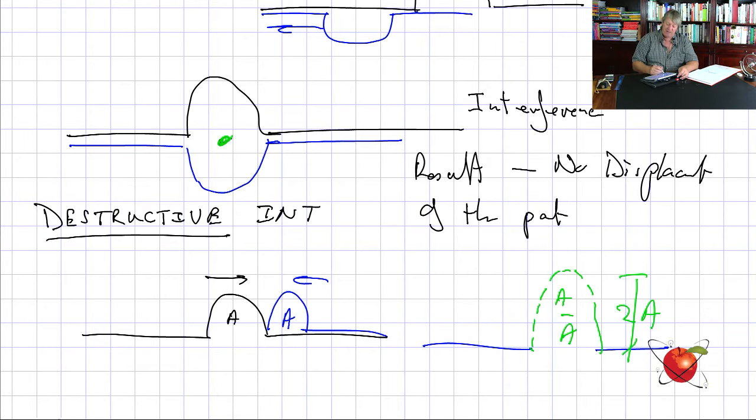So the one wave builds on the other. It builds on the other wave, right? And guess what we call that? Yeah, constructive interference, right? Constructive interference is this one.